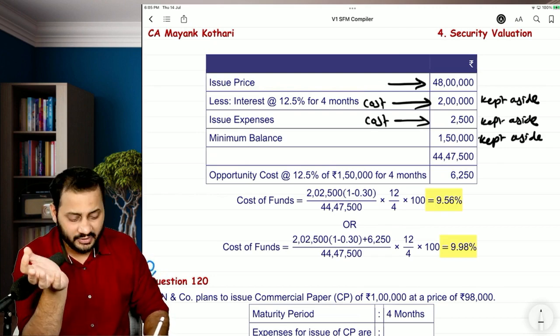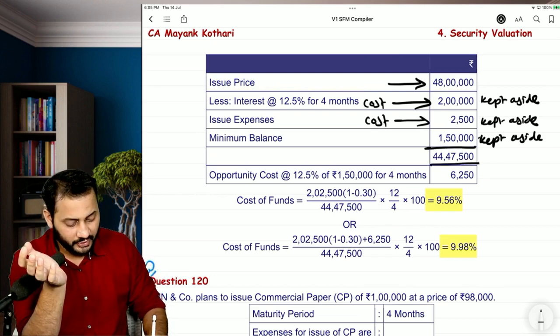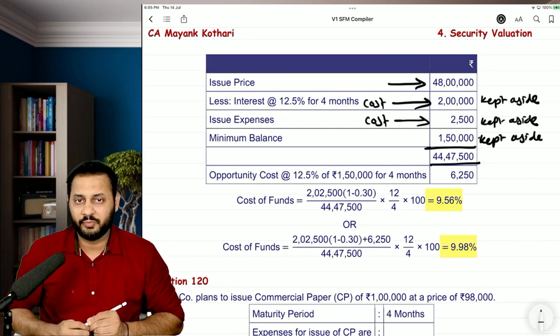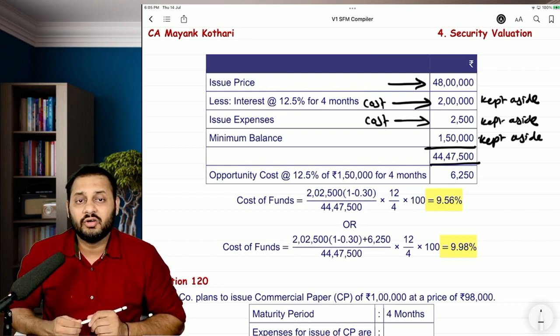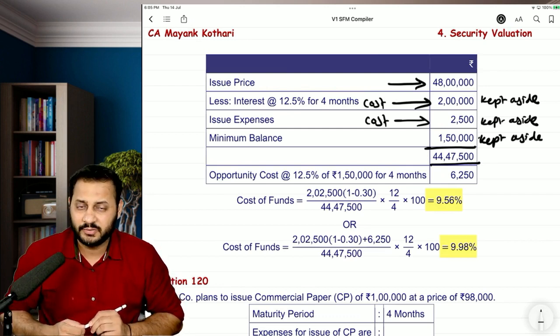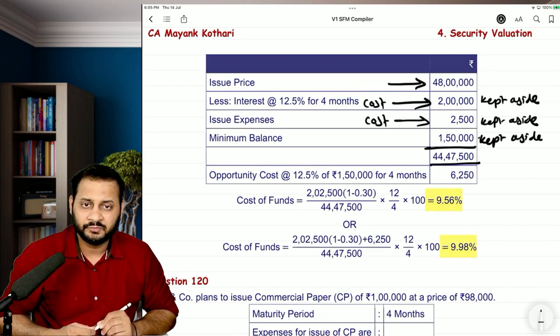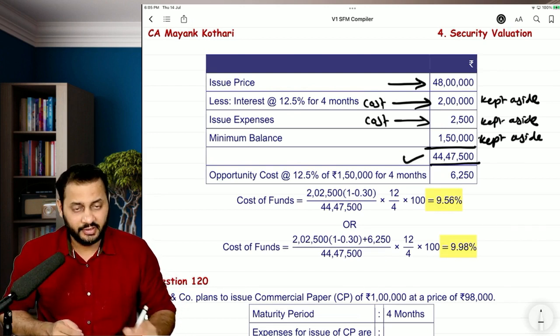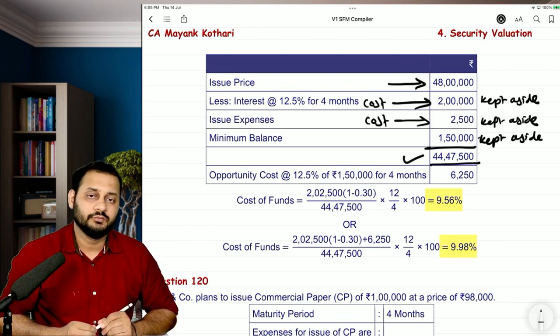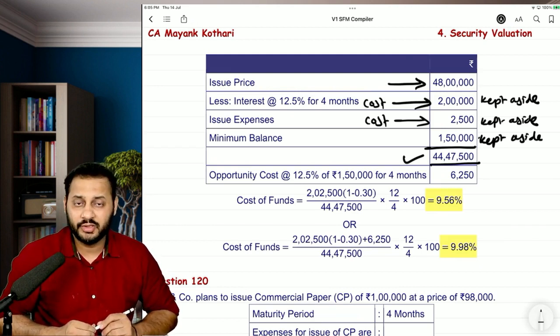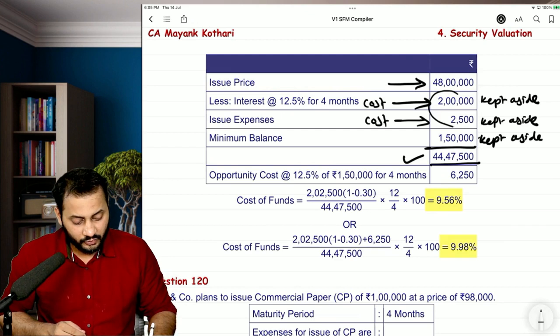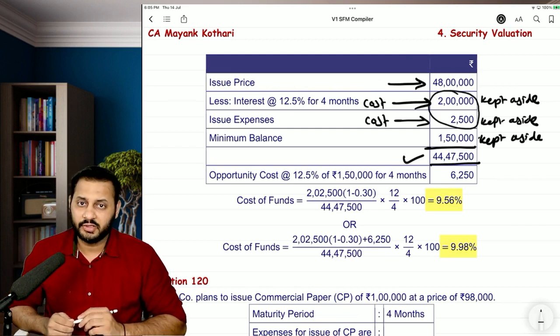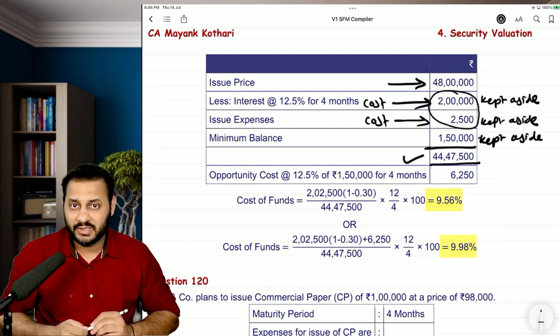So practically speaking, you had only 47,500 rupees after deducting all the three, two expenses and the third one, the cash balance. You can use 47,500 only, and for that you will have to bear a cost of 2 lakh and 2500, but you can save some taxes on that.